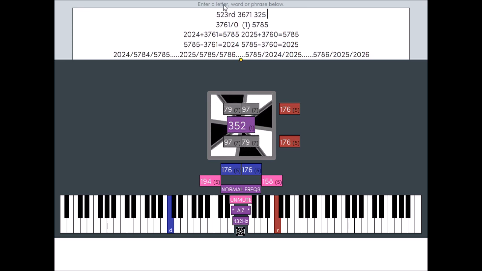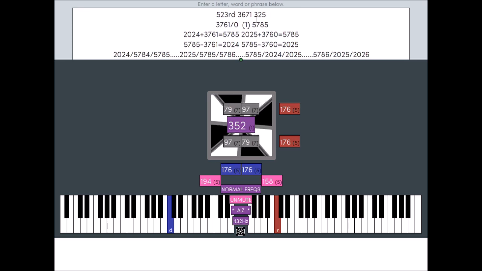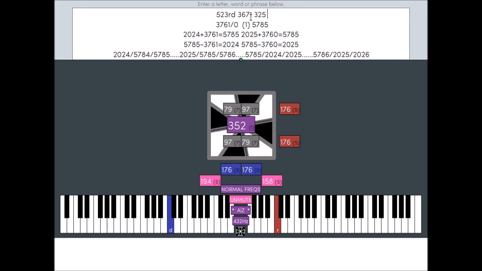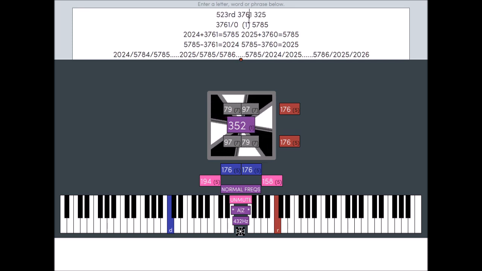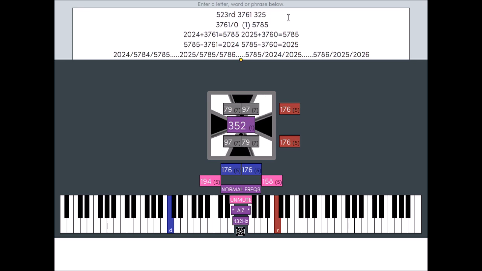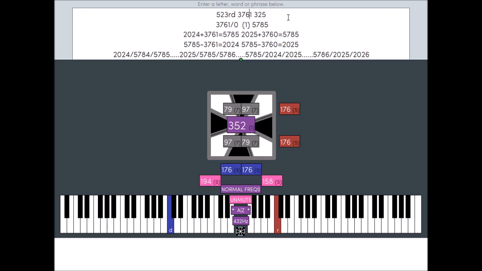Everything in Lisrael is about the reverse, right? The 523rd prime that was used for the calendar reset based on 3761, right? In the year 325 AD, the Council of Nicaea and the Trinity doctrine deal.